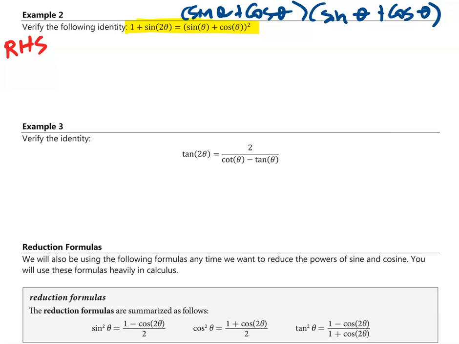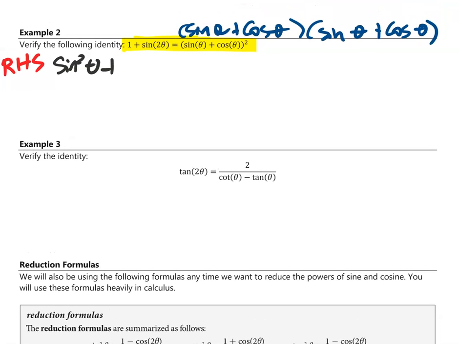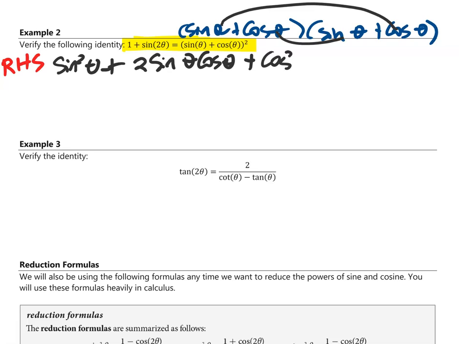Okay, so with that, let's multiply this. Sine theta times sine theta is sine squared theta. Sine theta times cosine theta, and this and this is going to be equal to 2 sine theta cosine theta. Then cosine theta times cosine theta is cosine squared theta. And we know that this and this is equal to 1 by the Pythagorean theorem, right?